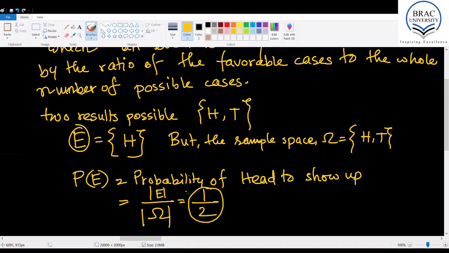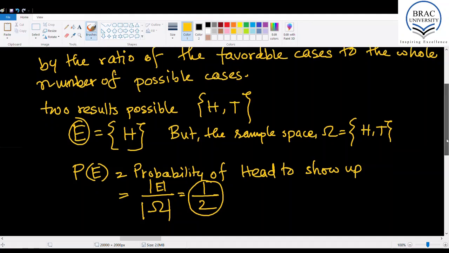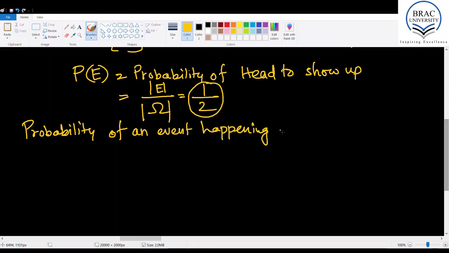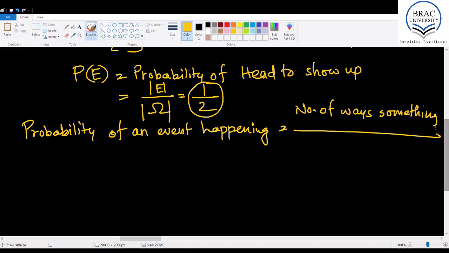So in general, the probability of an event happening equals the number of ways something can happen divided by the total number of outcomes, right?